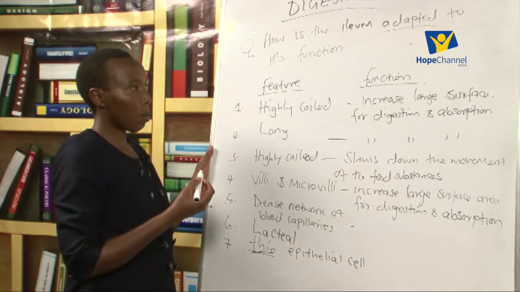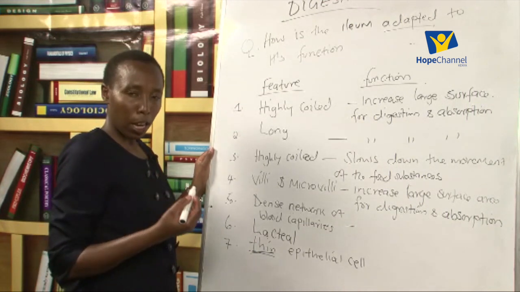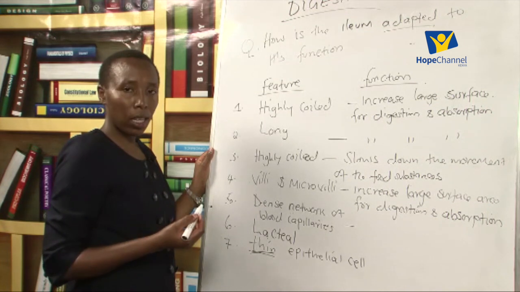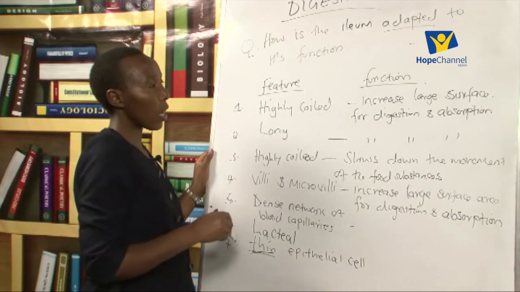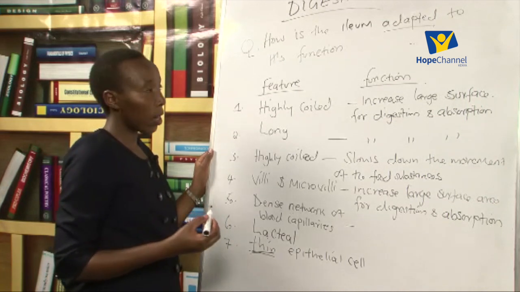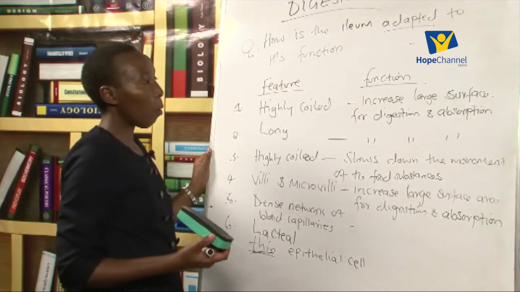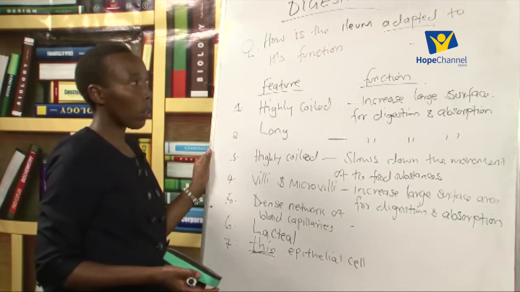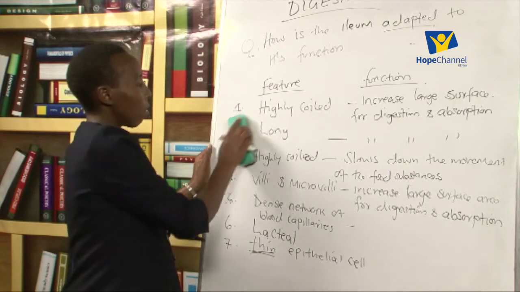Remember that the process of absorption can either take place by diffusion or by active transport. So basically these are the features of the ileum that enable it to perform the two functions, that is, complete the process of digestion and absorb the end products of digestion.